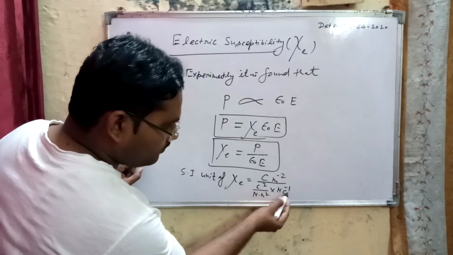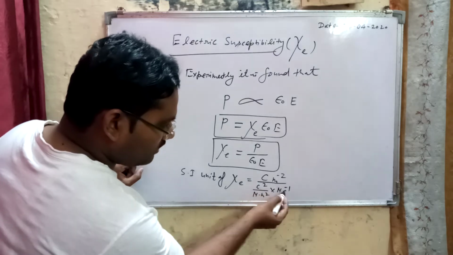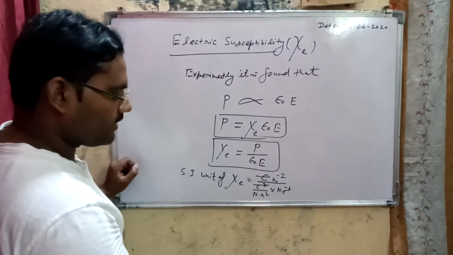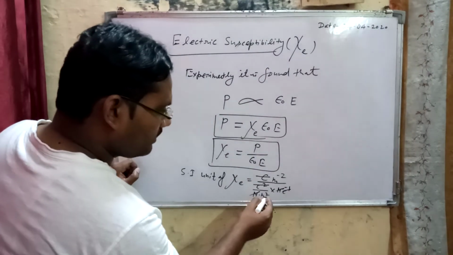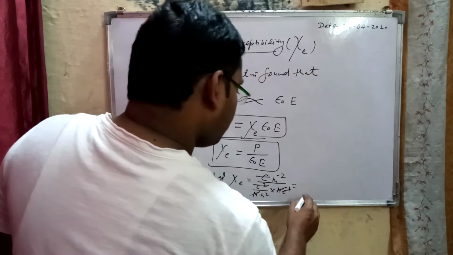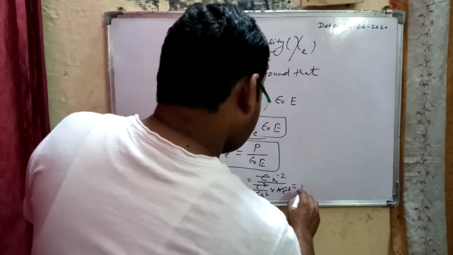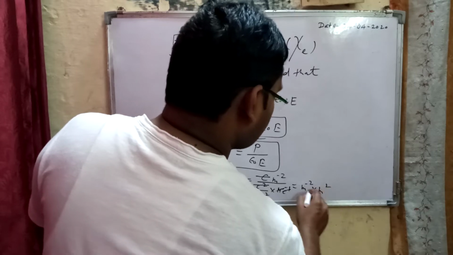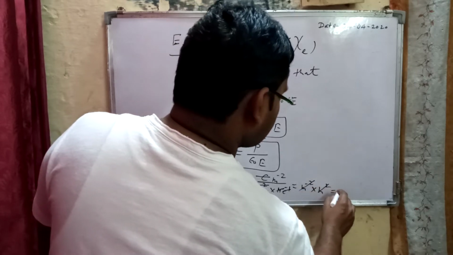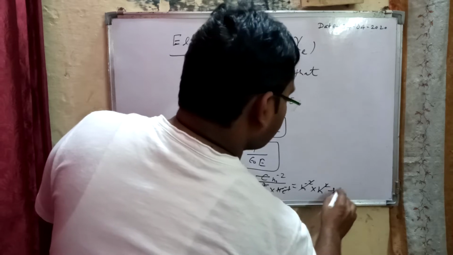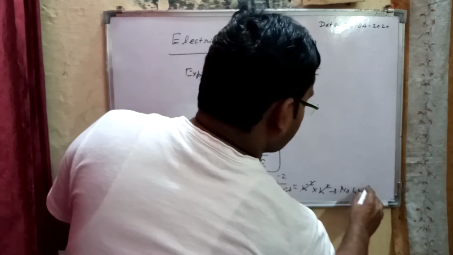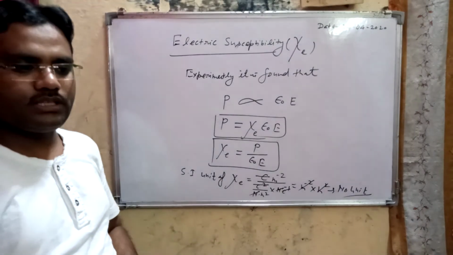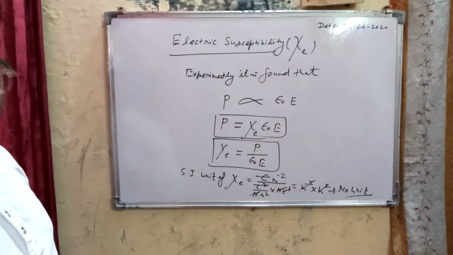C square, C power minus 1, gives C power 1, that means this is cancelled, and Newton cancels Newton, and meter power minus 2 into meter power 2 gives no unit. That means electric susceptibility has no unit, that means it is dimensionless.